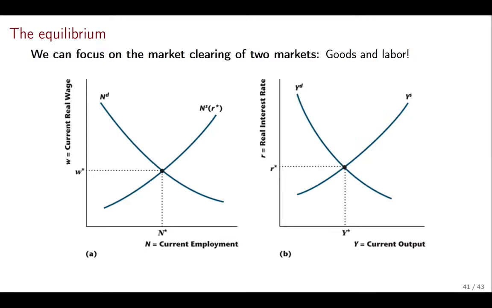This is a system in which we focus on the equilibrium of two markets, the labor market and the goods market. What we're finding here is how to represent the fact that for some given state of the economy, we have to find a given interest rate that implies a value of aggregate demand and aggregate supply that are equal, that give you total output in the economy, while at the same time having an equilibrium in the goods market, in which that interest rate induces a level of equilibrium labor that exactly coincides with what's needed to produce the equilibrium output.